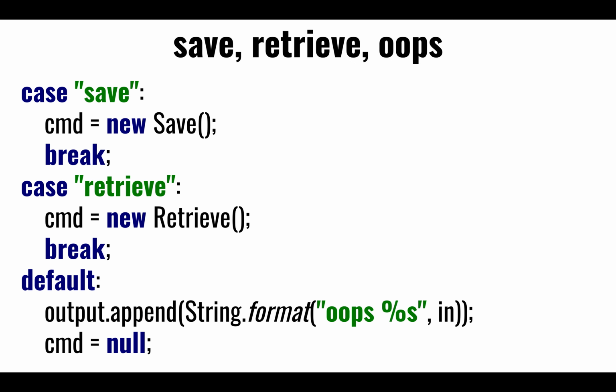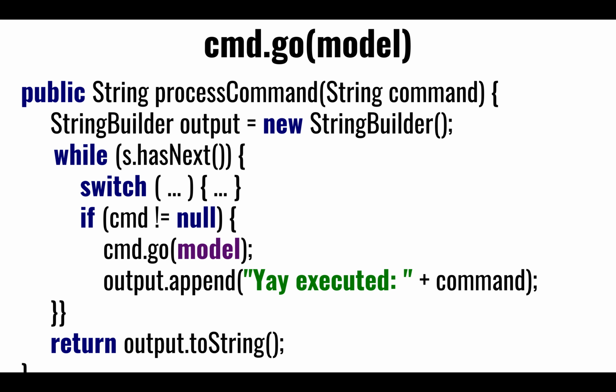It instantiates these command patterns, and at the very end, if the command was not null, it executes the model. Right? It says command go. Do what you need to do, right? For either turn or trace or move, any one of those, right? It's embedded inside of the command.